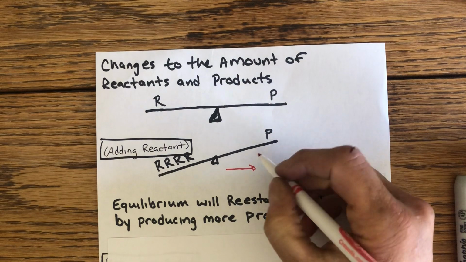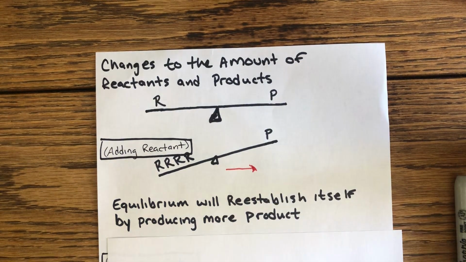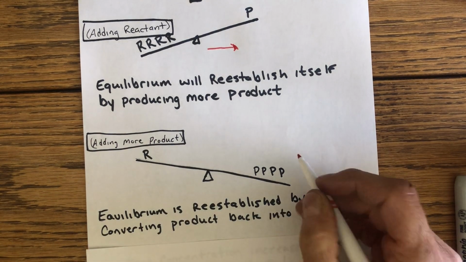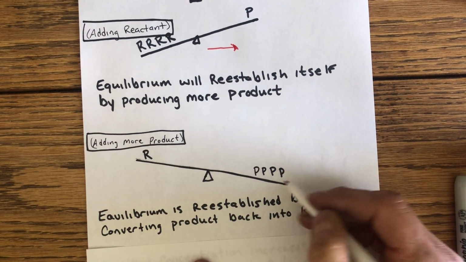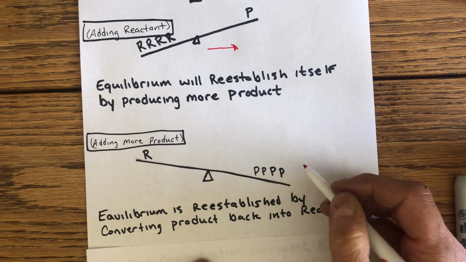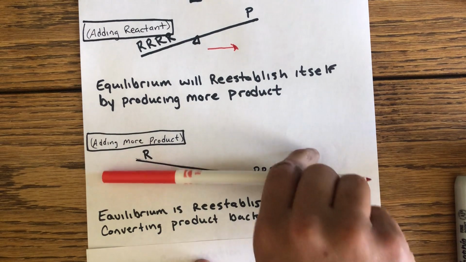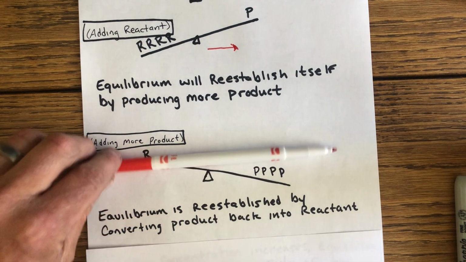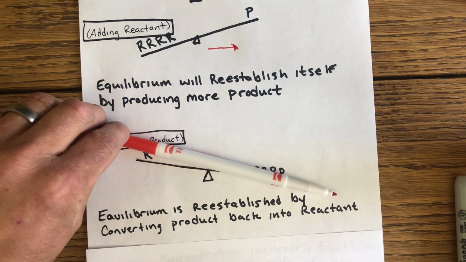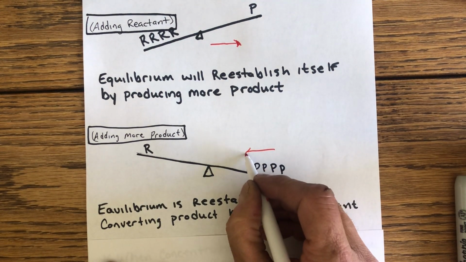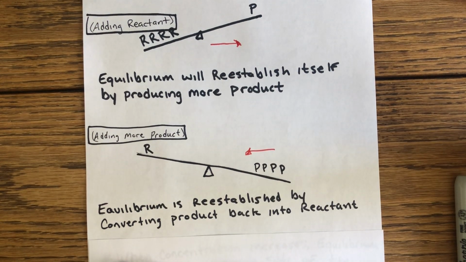So that's the shift to the right when you add more reactant. If we add more product, the opposite is going to happen. If we introduce more of the stuff that's getting created in the reaction, then the product side is stressed, and we need to shift to the left in order to reestablish our equilibrium.